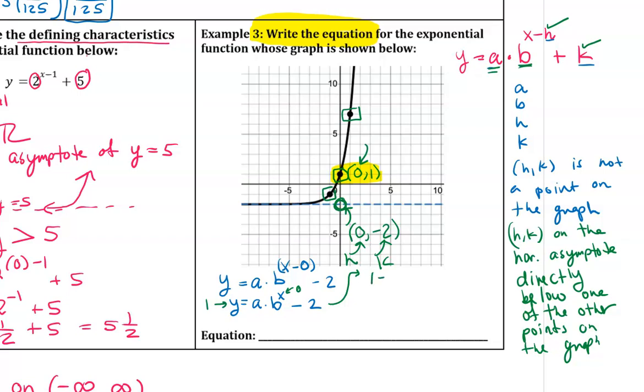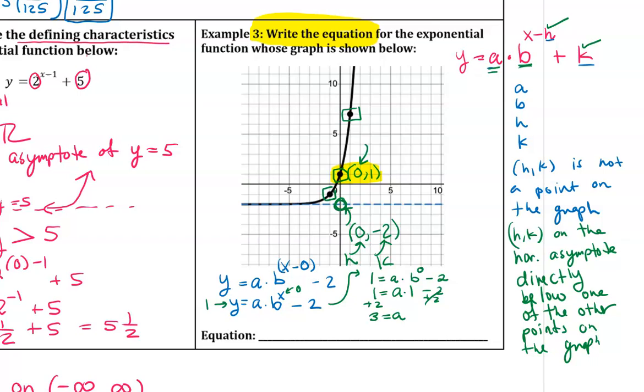So I get 1 is equal to a times b to the power of 0 minus 2. b to the power of 0 equals 1. So I get 1 equals a times 1 and then minus 2. So then I would add 2 to the other side. So then I get 3. a is 3.